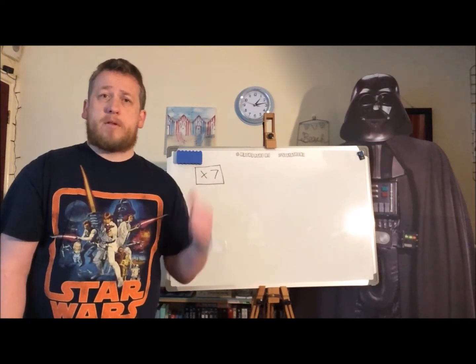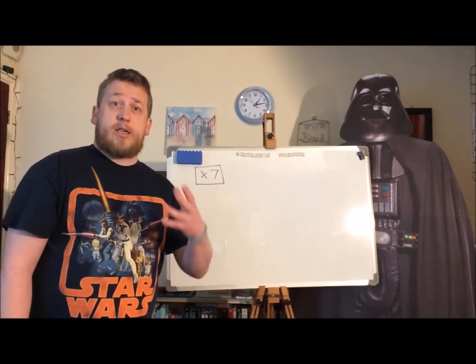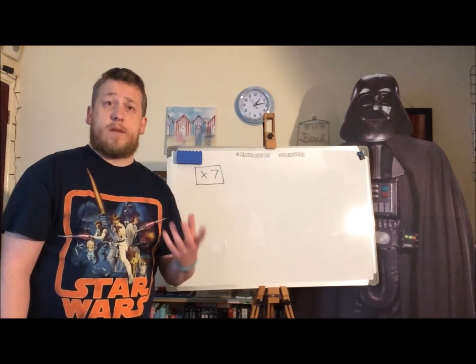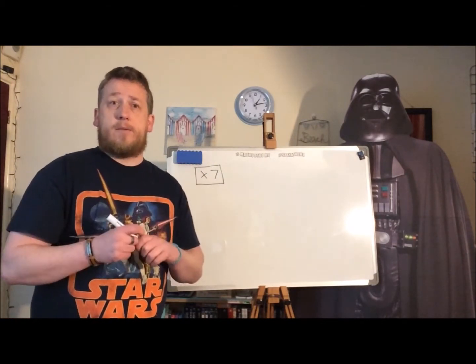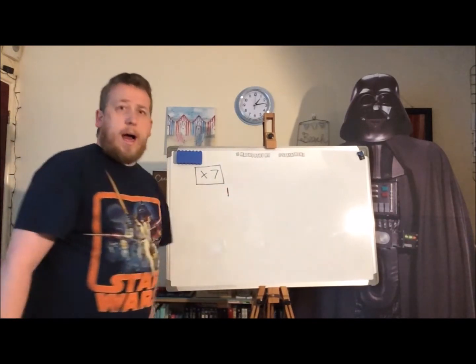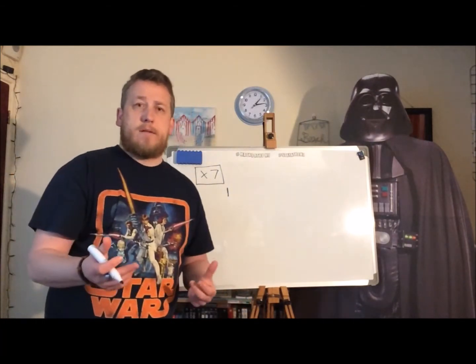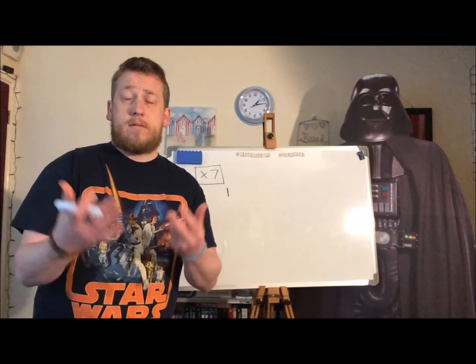So, we've got multiplied by 7 on the board. I also gave you the indication that the sensible thing to do is to start with the number 1. So that's exactly what we're going to do. Now what happens when you multiply the number 1 by 7, or any number ending in the number 1? 1 times 7 is 7.